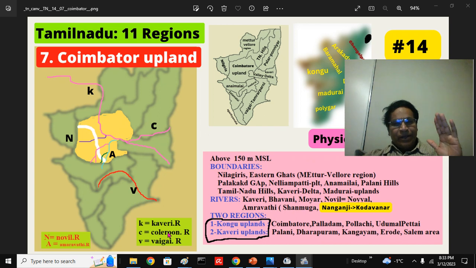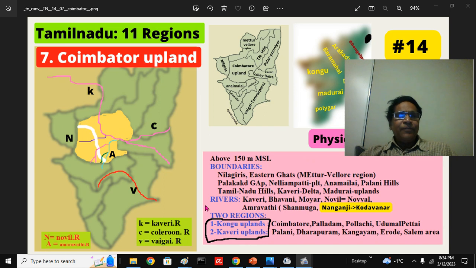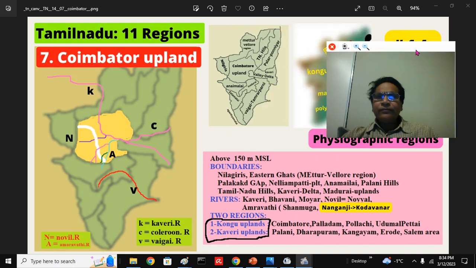I try to put it at a medium level, so that I give a deeper understanding and balance your time as well as the content. That is why I made this effort, because if I simply pronounce Kolerun, you will not see how it is spelled. This way you can stop at a particular point and get it further. This is the Vaigai river, and this is the Novil river, and this is the Amaravati river. We'll discuss them further.